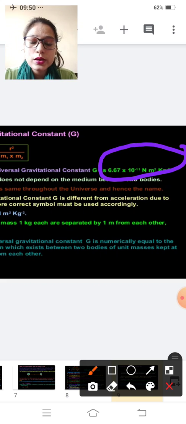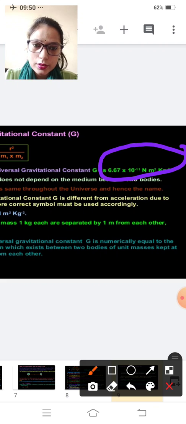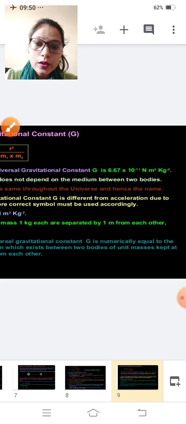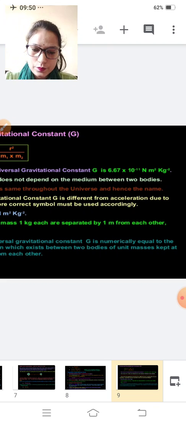Now, how do these units come? You know that the unit of force is Newton, unit of radius is meter square, and mass is kg square. So the unit is Newton meter square per kg square.